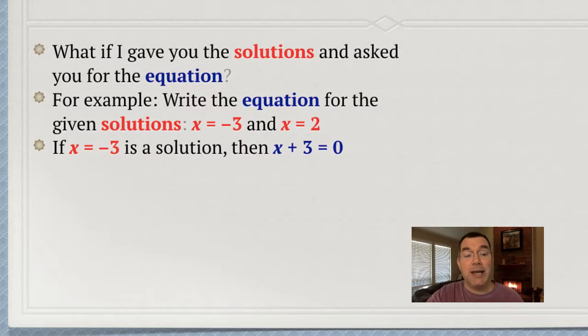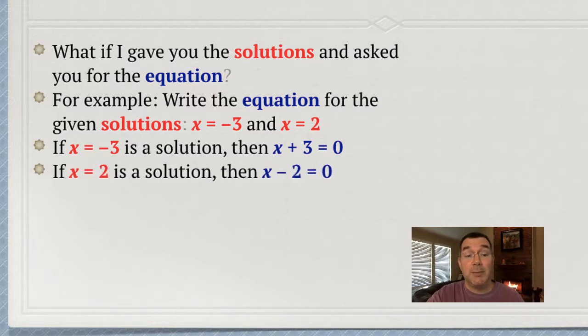So if x equals -3 is a solution, then I'm looking for a linear equation that has that solution. So I can come up with x plus 3 equals 0 because -3 would be a solution to that equation. Similarly, if x equals 2 is a solution, then I can create a linear equation x minus 2 equals 0 because 2 would be a solution to that equation.